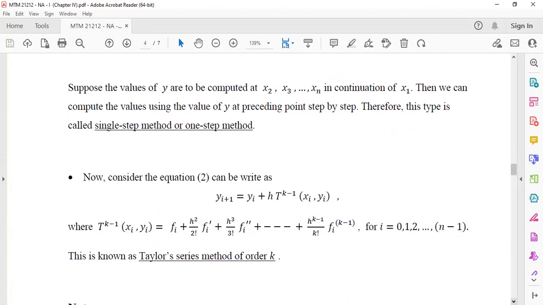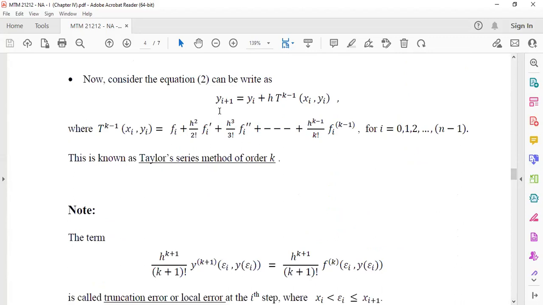Now we have also written this one, no? y i plus 1 is equal to y i plus h of T k minus 1, which I explained to you at last. For the T k, we can substitute y i plus y dash and y double dash, something like that.